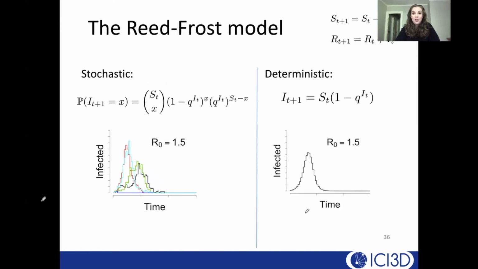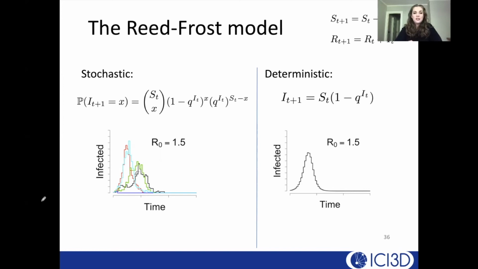So here on the right, we have the deterministic model that you've seen previously. And then on the left is the stochastic Reed-Frost model of a few simulations where the element of chance has been incorporated.